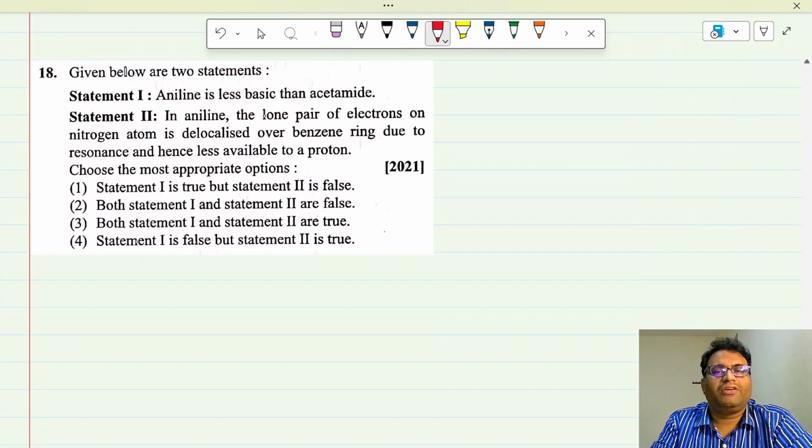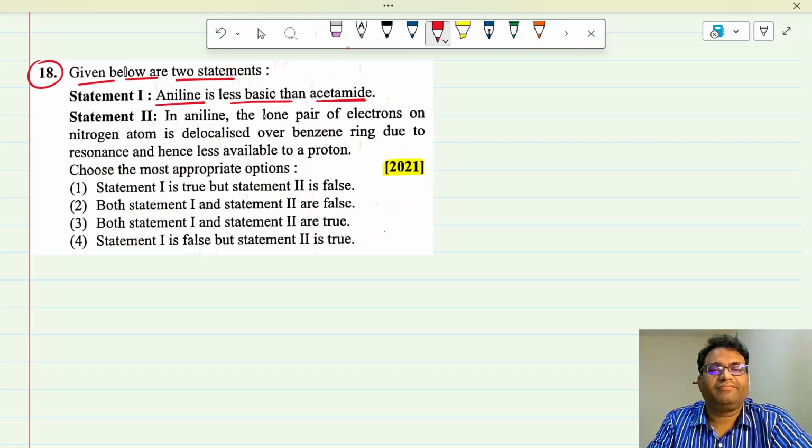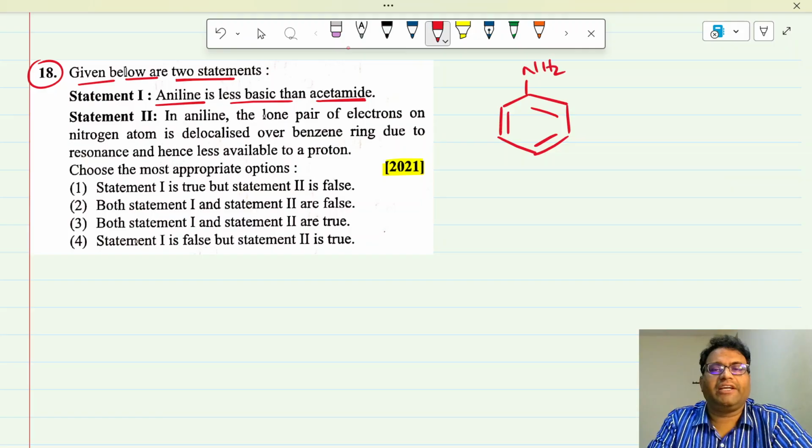Okay. Next question, 2021. What is the question? Given below are two statements. Aniline is less basic than acetamide. So let us draw aniline. Already we have described this. Okay, this is aniline. In aniline, we have a conjugated system.